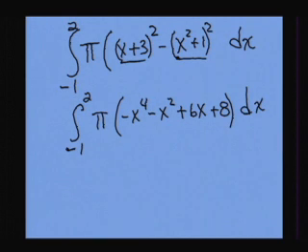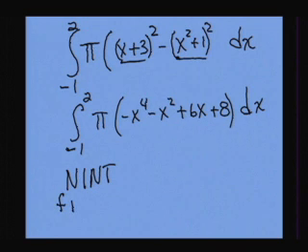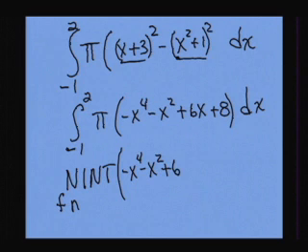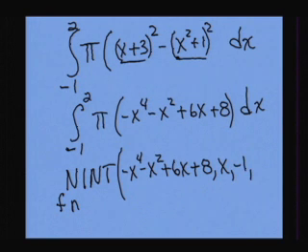And of course, let's put that into the calculator, nInt, which remember on the TI-84 is fnInt, but we put in our negative x to the 4th minus x squared plus 6x plus 8. It's the variable x, our limits of integration -1, 2, and when I get this answer, it's 23.4.